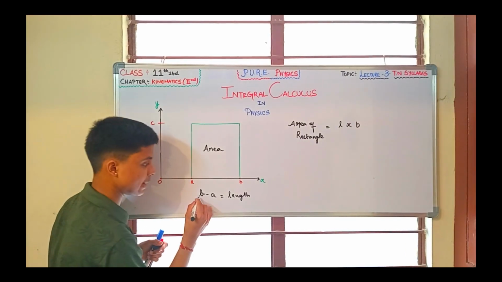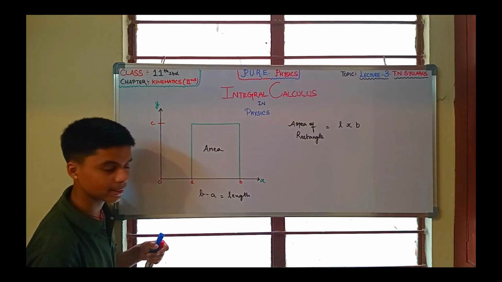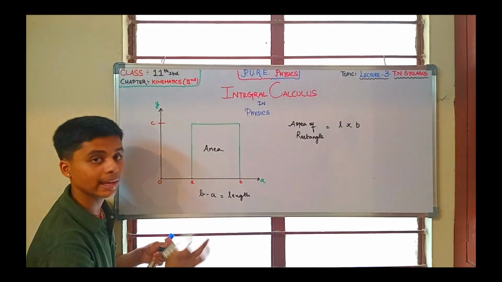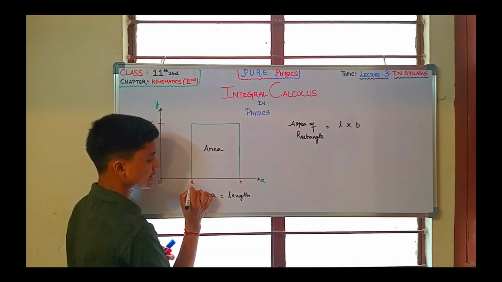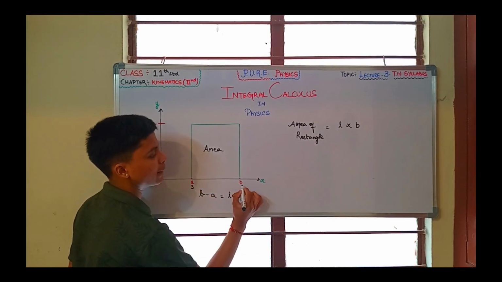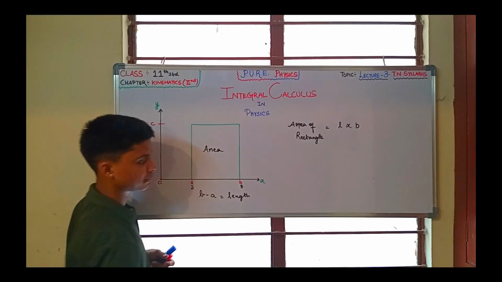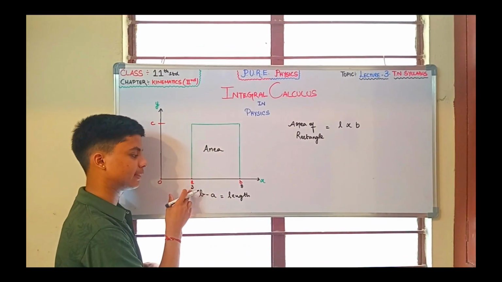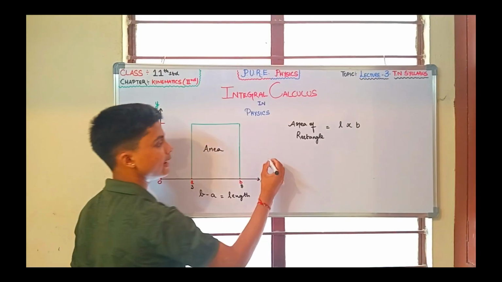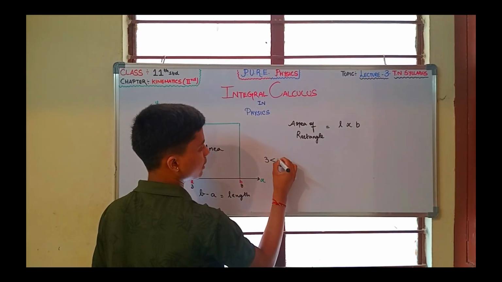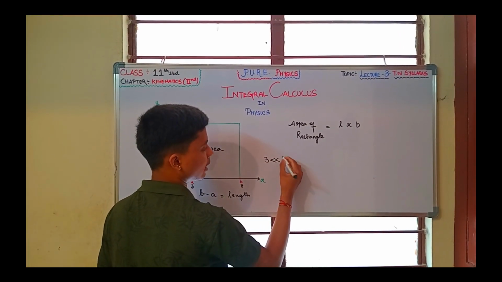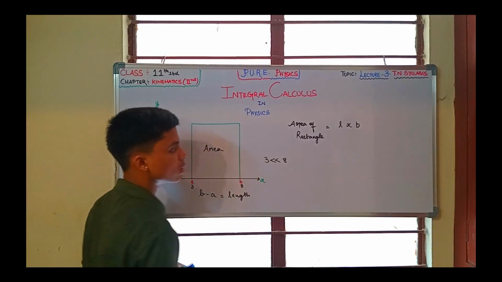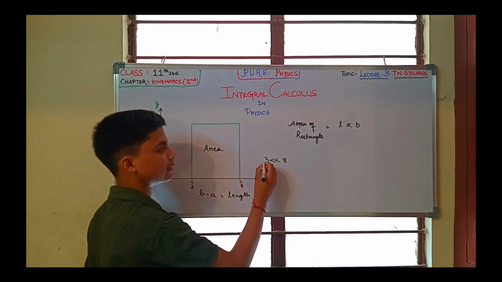Now how do I say that B minus A will give my length? Consider hypothetically, if point A is 3 and point B is 8. Obviously the value of 3 is smaller than 8, so I cannot take 3 minus 8.